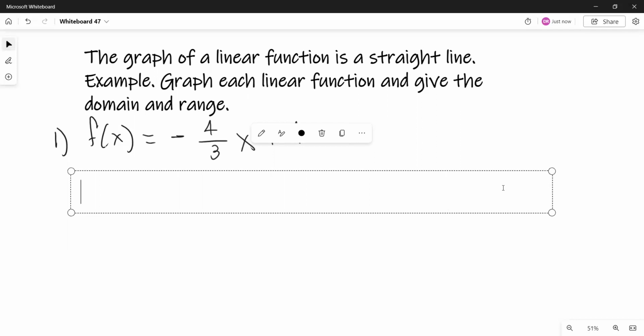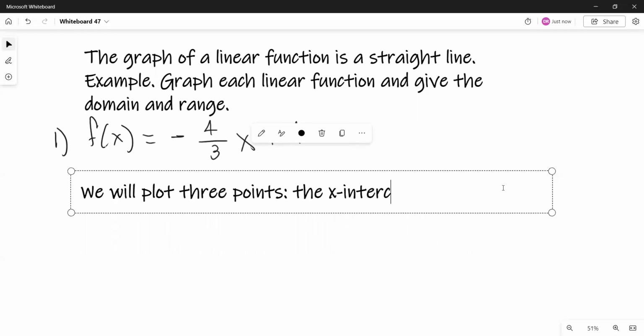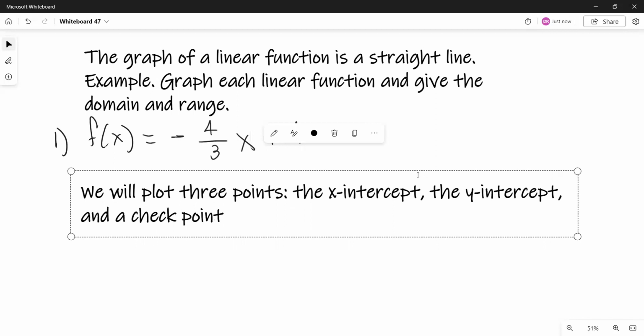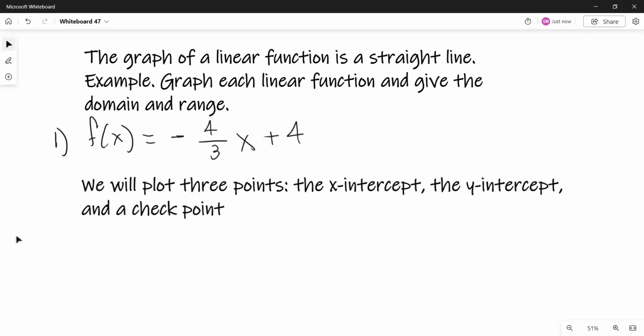And we're going to plot a checkpoint that doesn't involve fractions. Okay, so we are doing first the x-intercept.